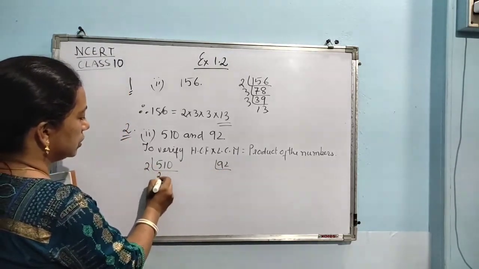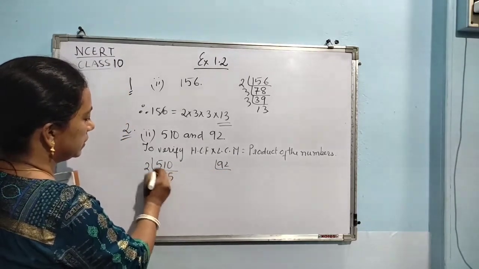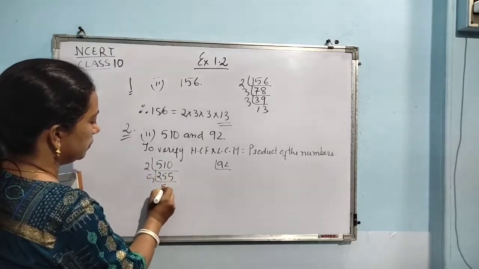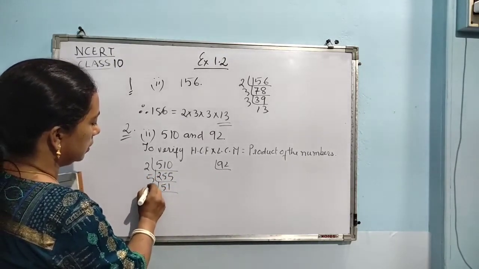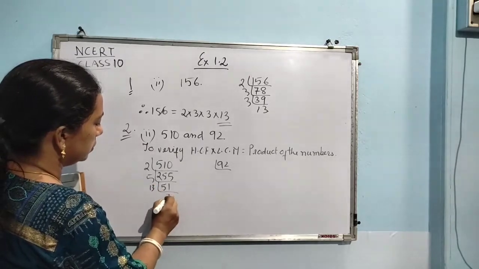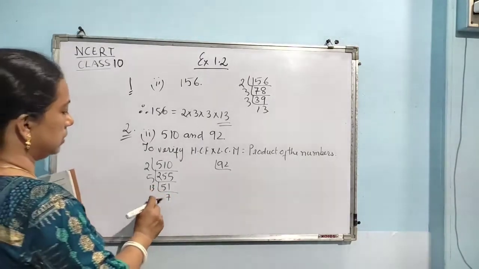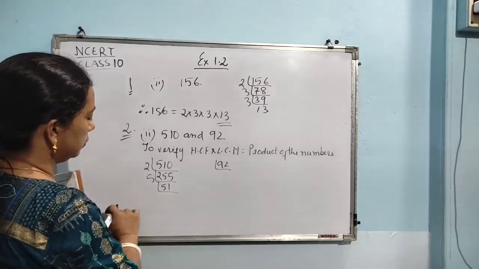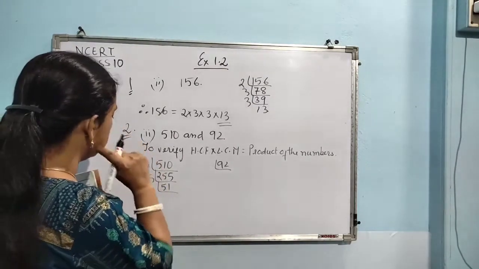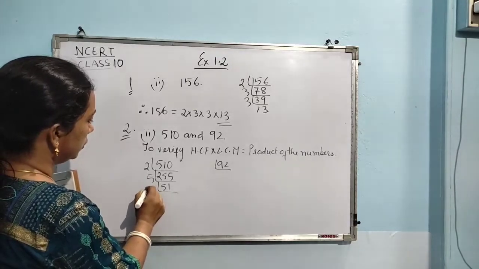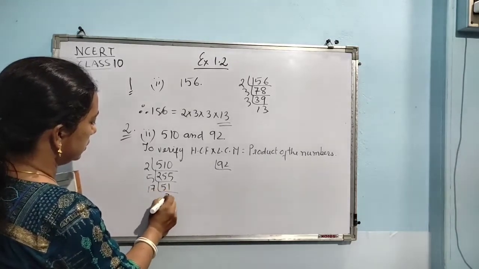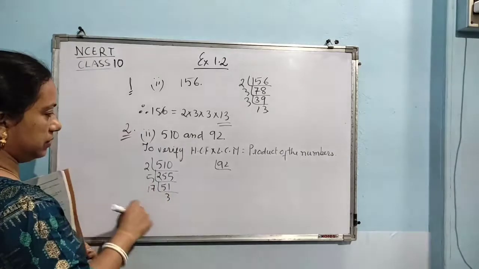2 2s are 4, 2 5s are 10, 5 5s are 25, 5 1s are 5. So 13, no, 13 is not going to give you anything. 17 3s are 51.